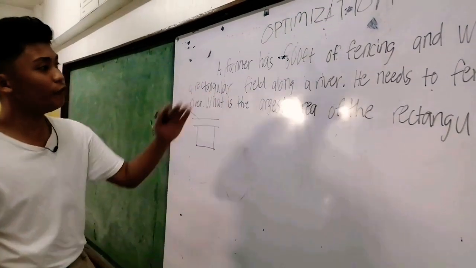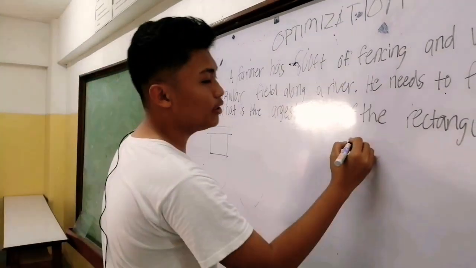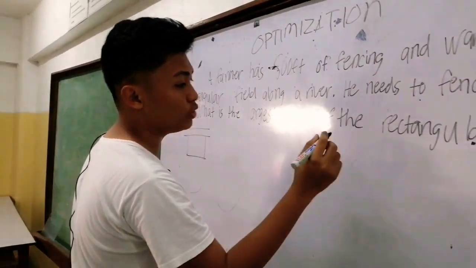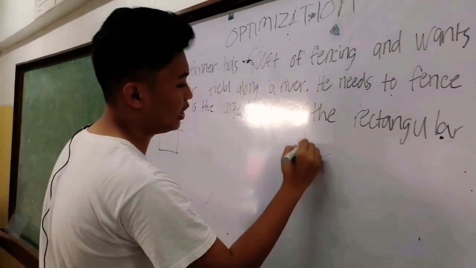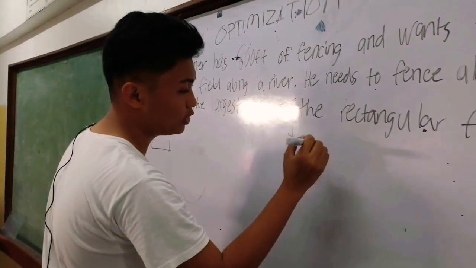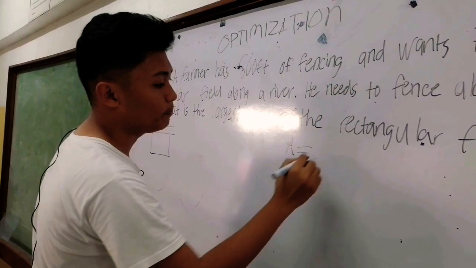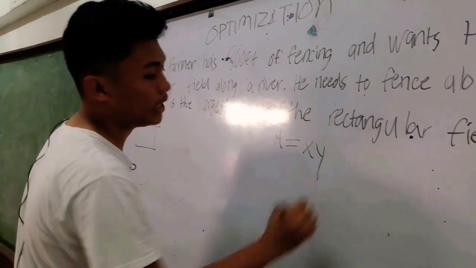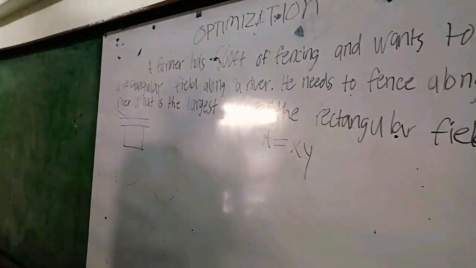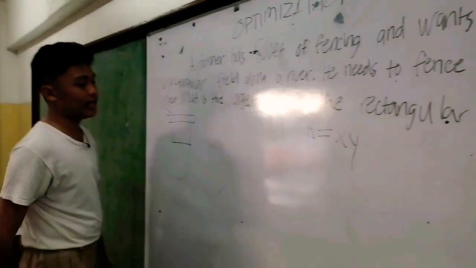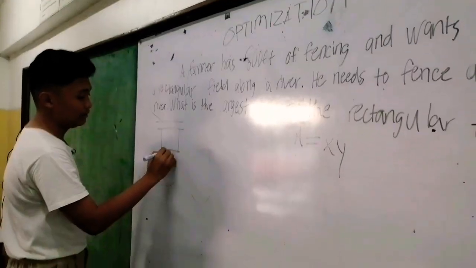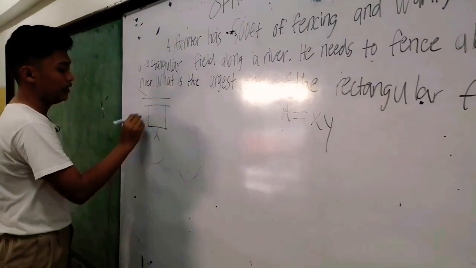Now, since we're looking for the area, instead of s equals x plus y, we have to make it area. Area is equal to length times width, or x times y. Now, what is our x?